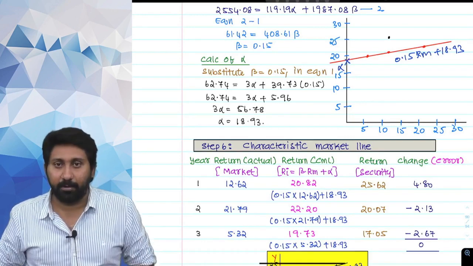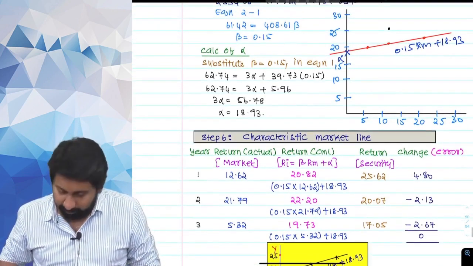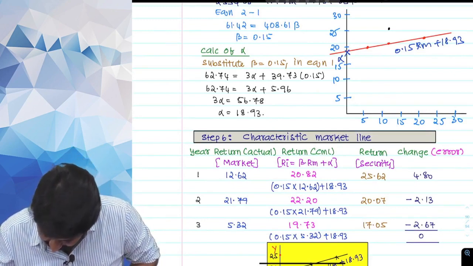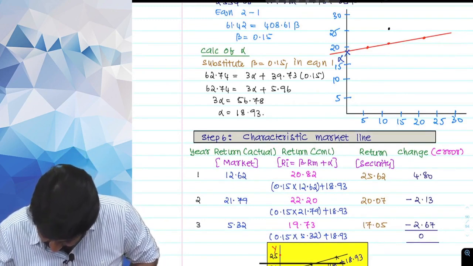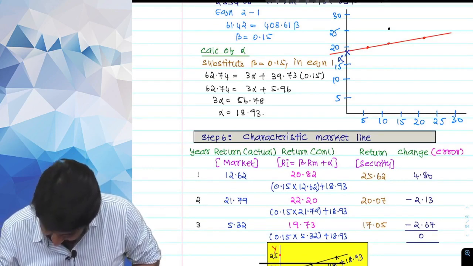Here somewhere. Next, return is 21.79, actual 20.07.